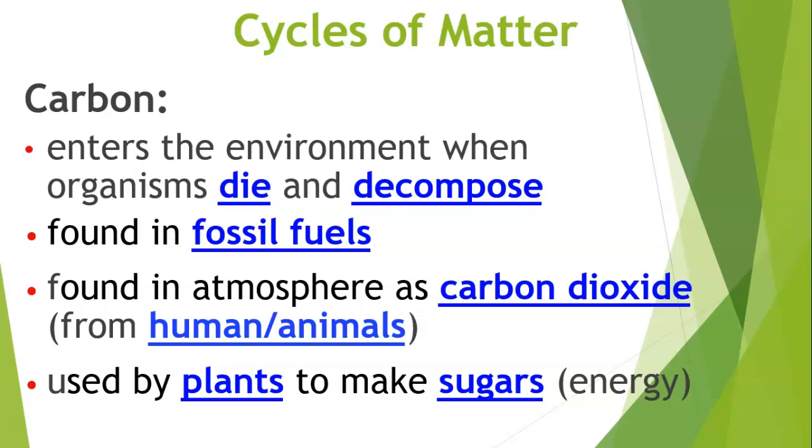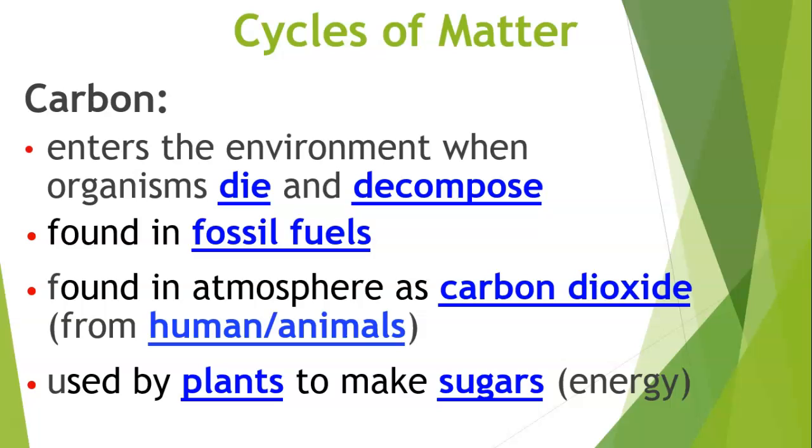So because the organism had taken in carbon at some point, either through food or through the atmosphere or through oceans or other water sources, they have carbon in them, and so when they begin to decompose, some of that carbon then gets released either into the soil or back into the atmosphere. Carbon's also found in fossil fuels. So fossil fuels are things like gas and oil and natural gas.